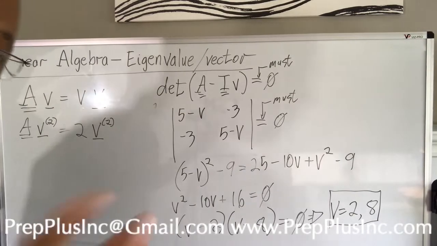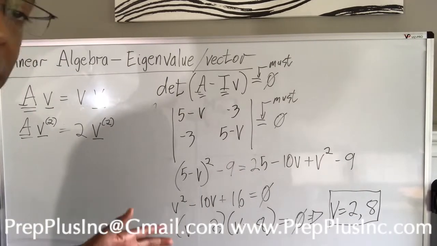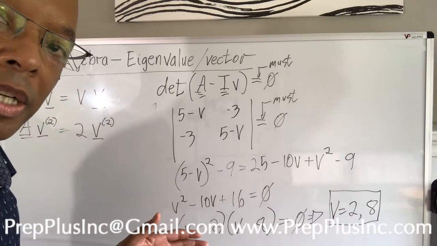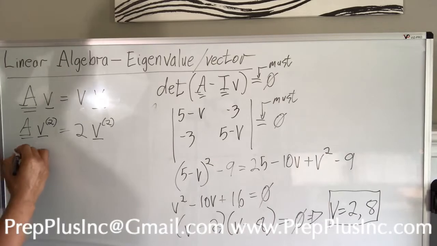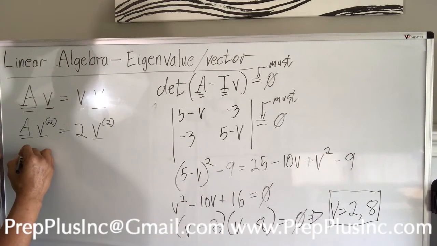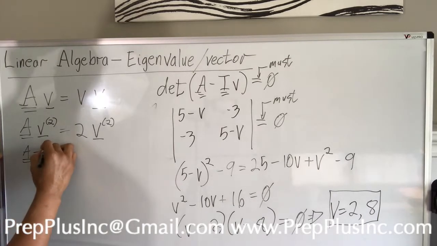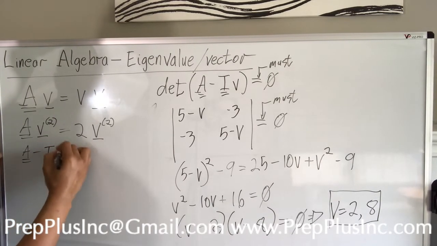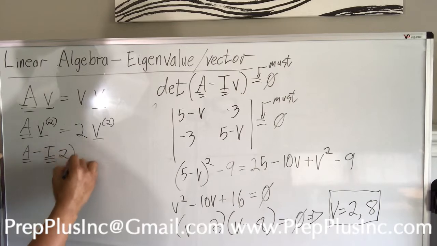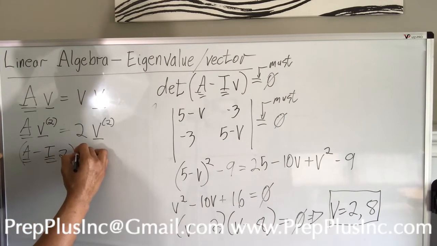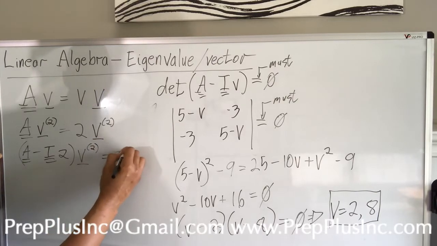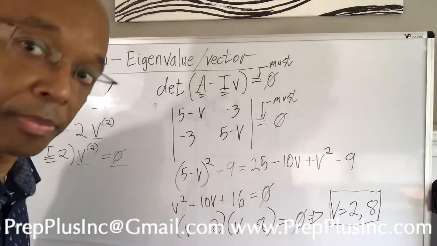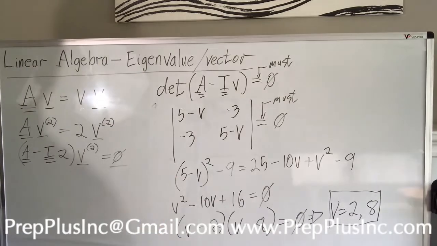Okay, so let's subtract this from both sides of the equation. So this is going to be A minus I times 2 times the eigenvector 2 is 0. So this is the 0 vector. Okay, so what does this tell us?